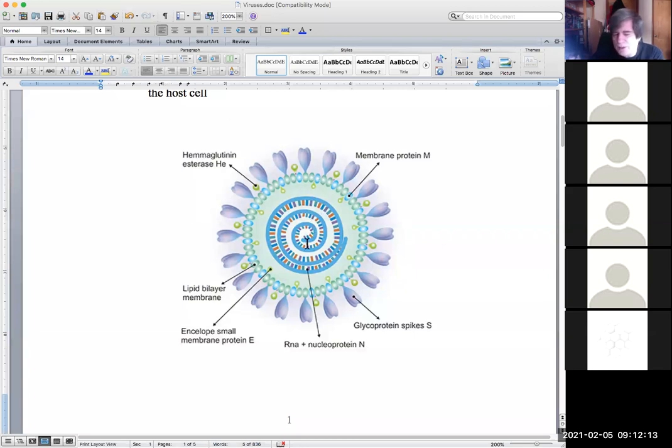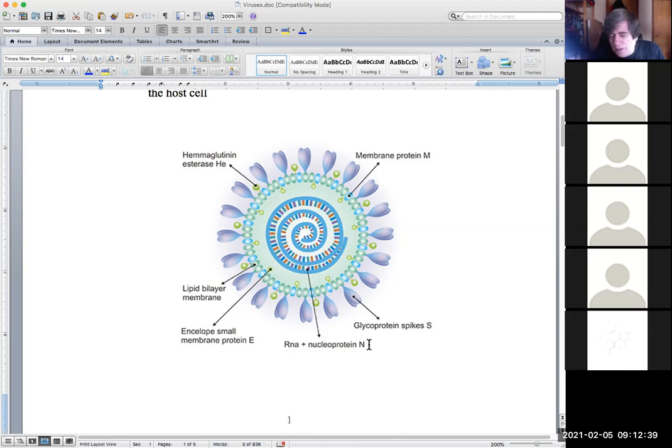Notice that there's this blue squiggle that kind of curls around the nucleic acid. In the SARS-CoV-2 virus, this is the capsule. And when the capsule is tightly attached to the nucleic acid, like in this case, it's called nucleoprotein N.